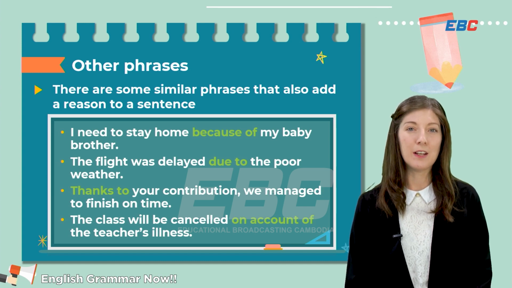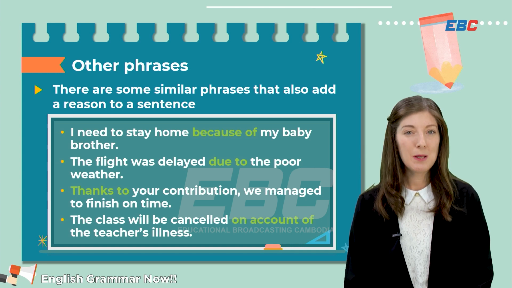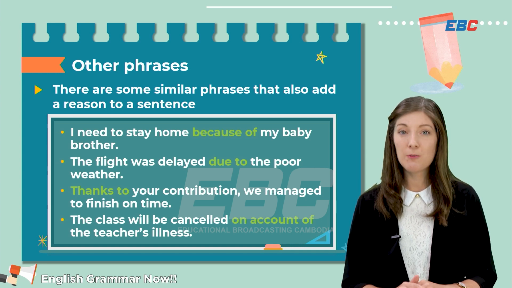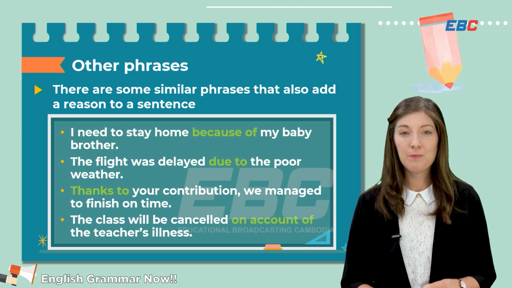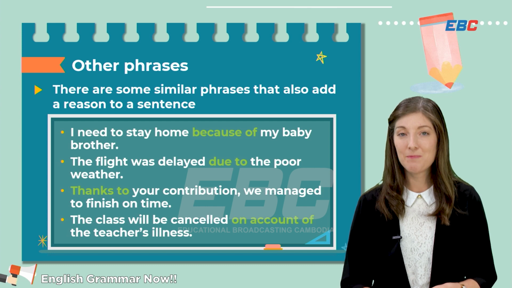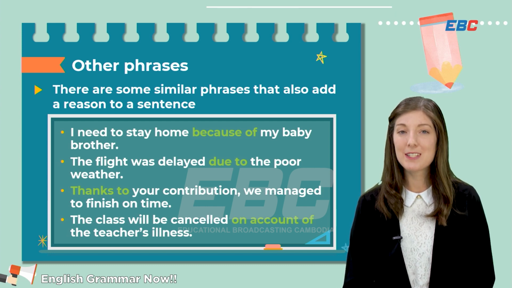Highlighted in green are the other phrases we could use to add a reason. And maybe you notice that after each of these phrases is a noun or a noun phrase, which are my baby brother, the poor weather, your contribution, and the teacher's illness. So we could also use these phrases to add a reason into a sentence.